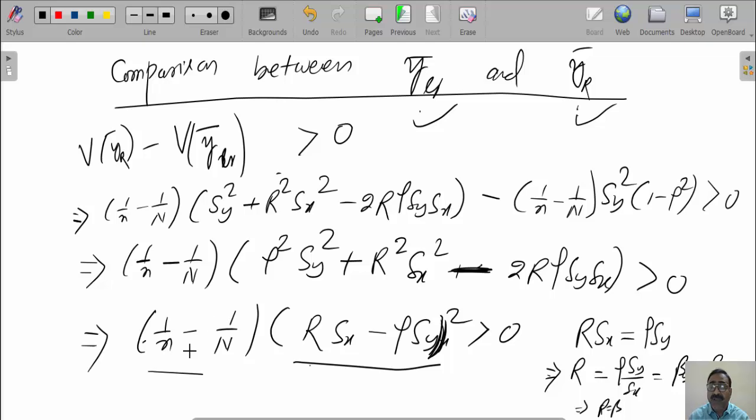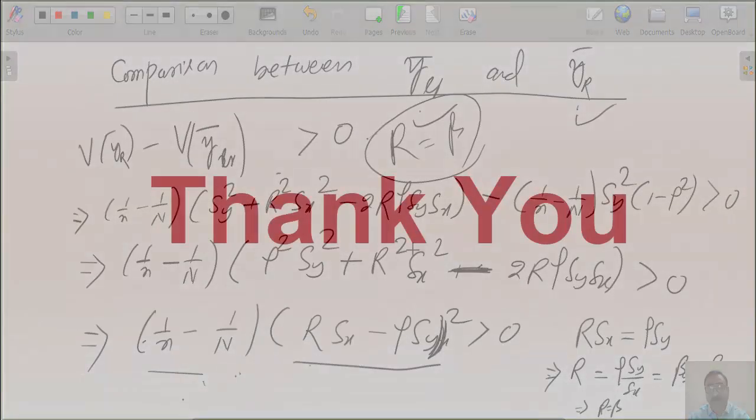That r equal to beta means that the relation between y and x is linear, and the regression equation of y on x passes through the origin. So in simple terms, the relation between x and y is linear passing through the origin. Thank you.